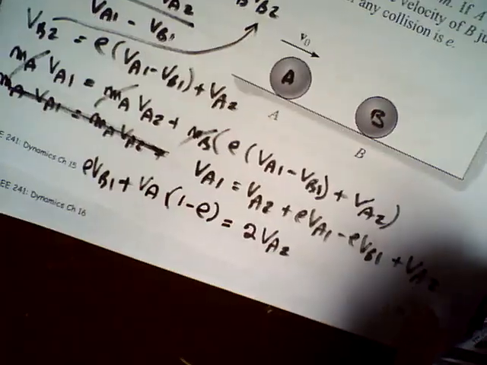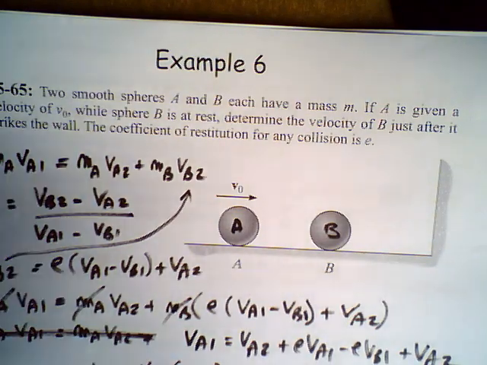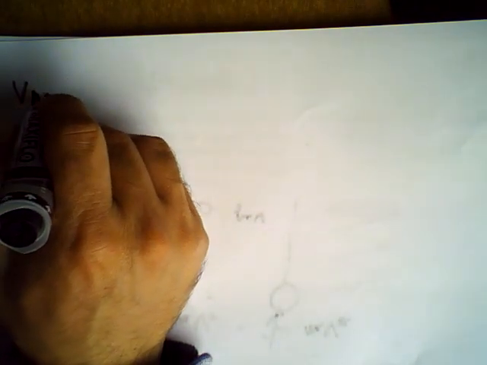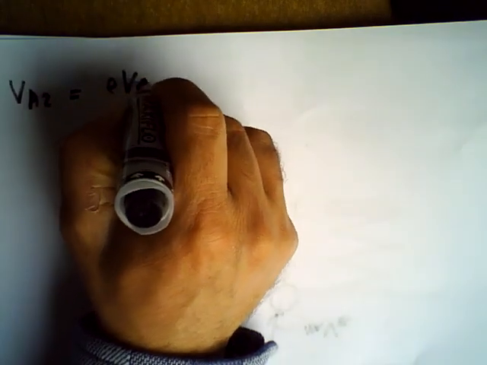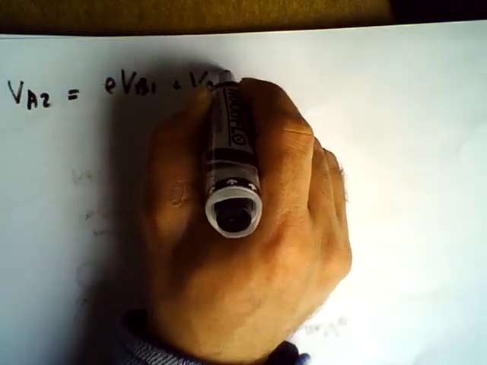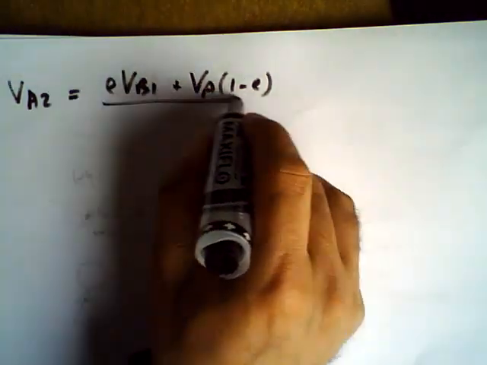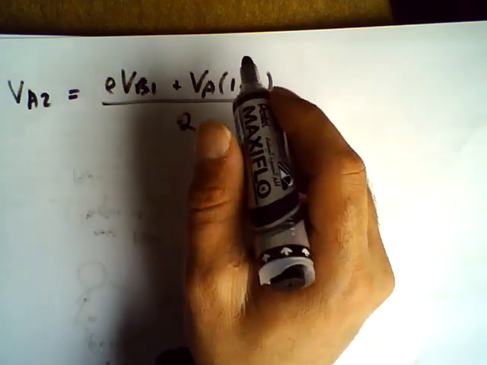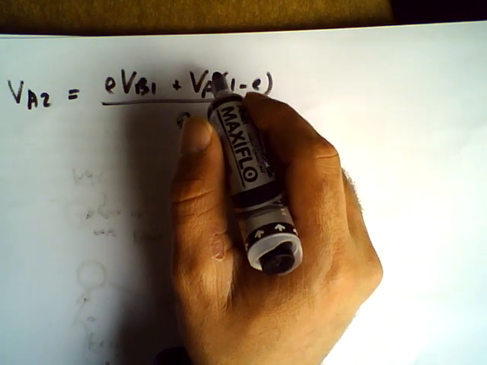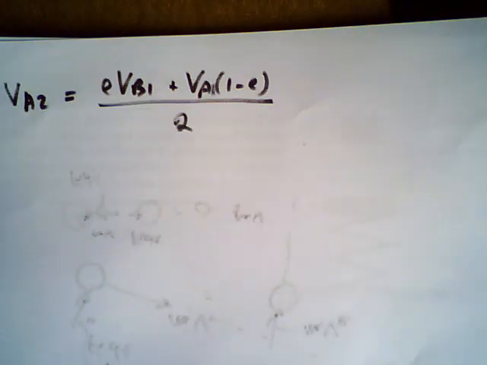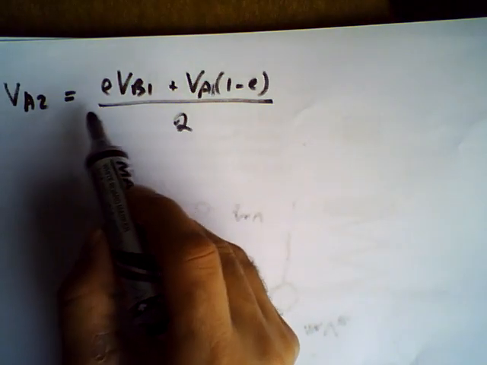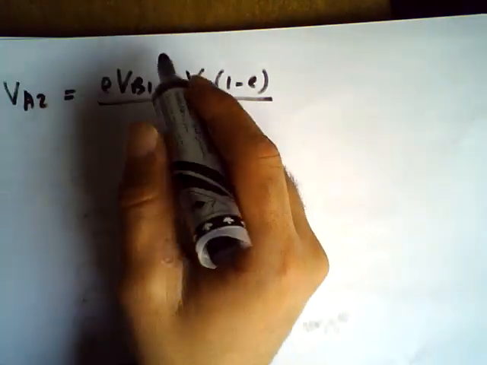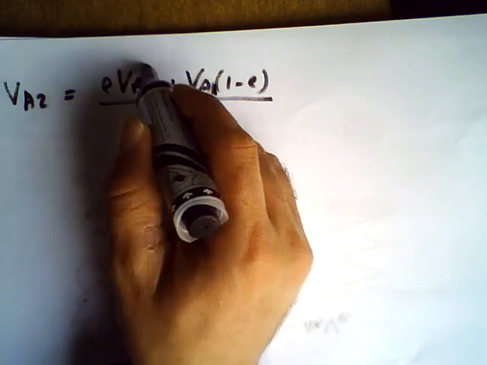So then VA2 is going to be equal to, okay, so VA2 is equal to EVB1 plus VA1, and in our problem the initial velocity of ball B, VB1, was 0, right?